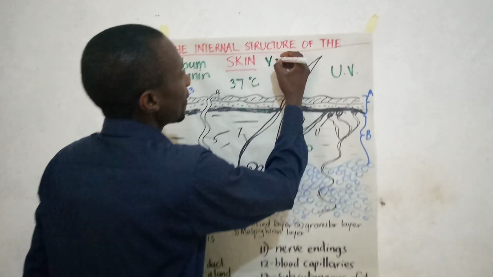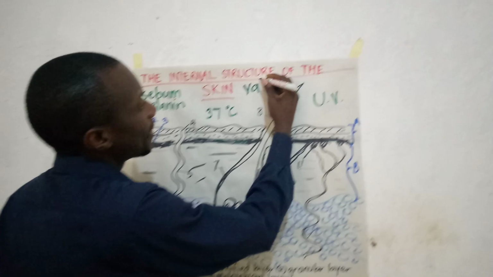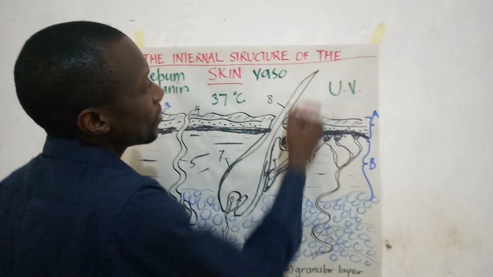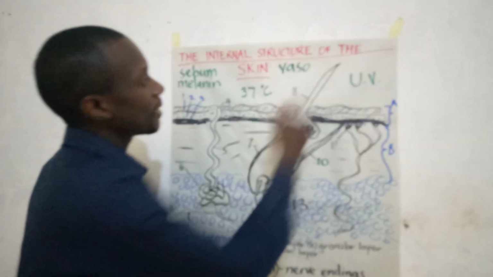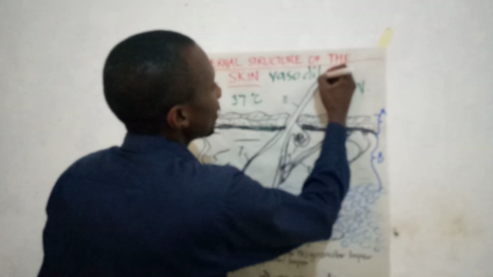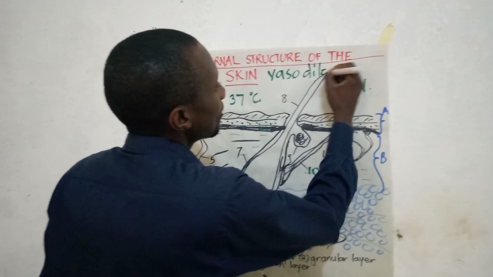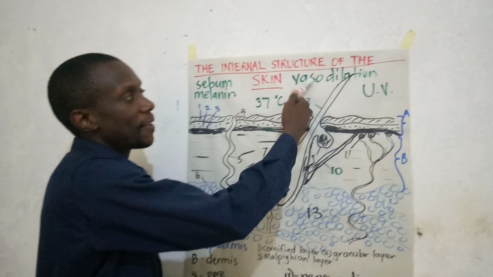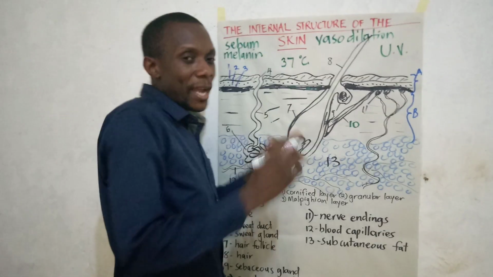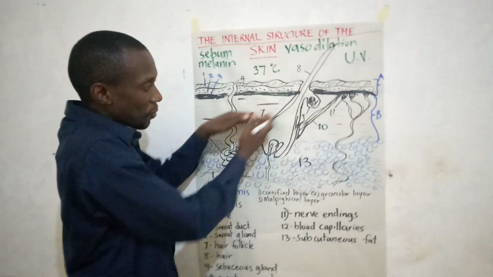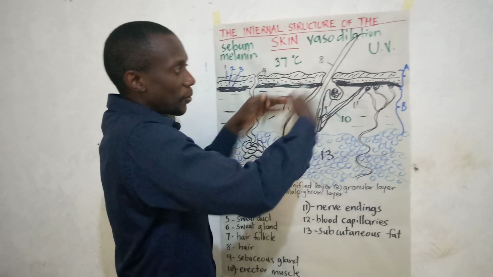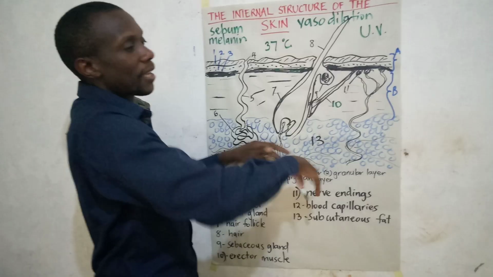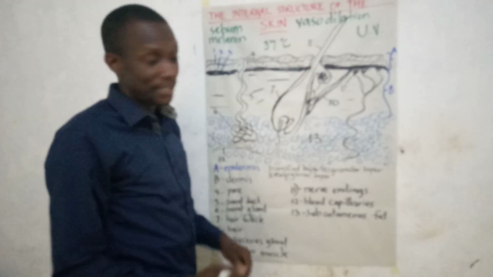Vaso is here. To dilate means to widen. Vasodilation. The blood vessels dilate, they widen so that more blood can flow close to the surface of the skin in order to enhance heat loss by convection and radiation.